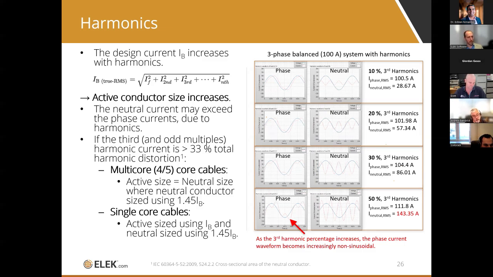If it's single core cables, the neutral cable size would be greater than the active size in this case. And at more than 15% for a multi-core cable, these harmonics will start to dictate the active size for a multi-core cable.